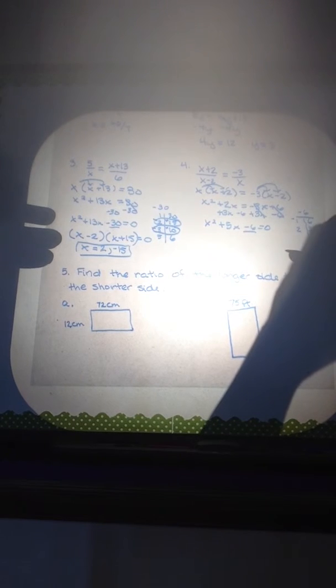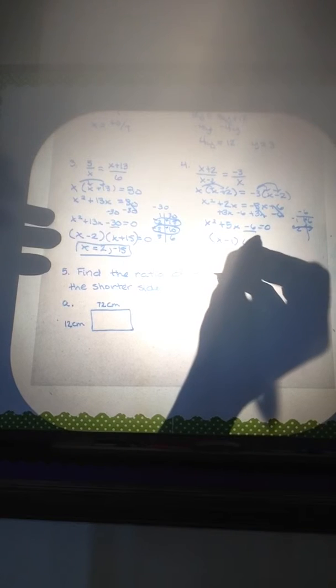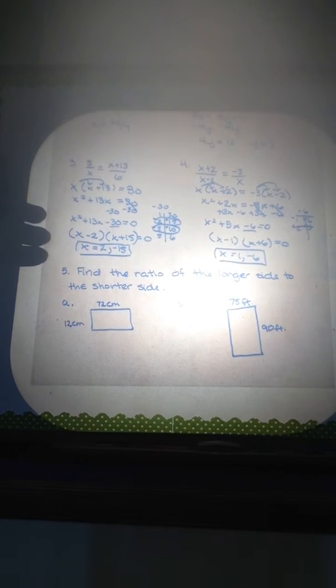To get 5, I'd have to do 6 minus 1. And for the other one, I'd have to do both positive. So I look and I say negative 1 times 6 is negative 6. 2 times 3 is positive 6, so that one's no good. So when I write it, I'll get x minus 1, x plus 6 equals 0. So my x's will be 1 and negative 6. And again, we get that by setting both sets of parentheses equal to 0 individually.